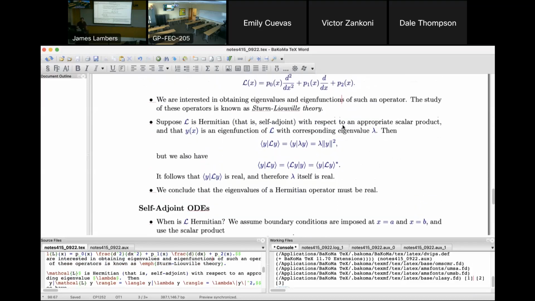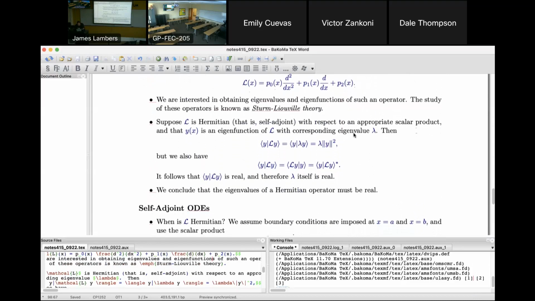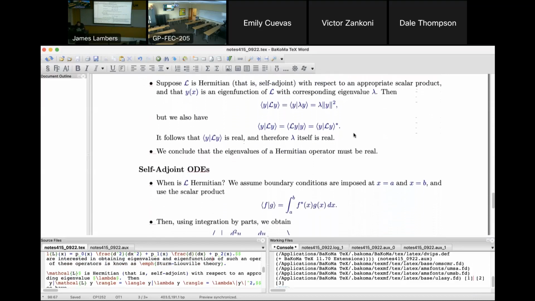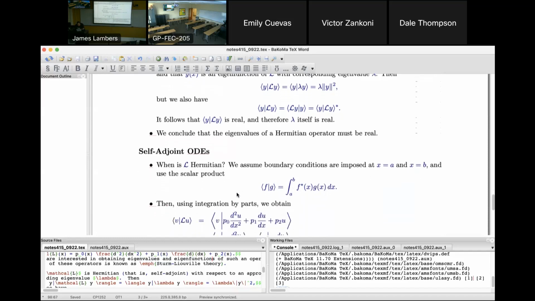Now, given an operator such as this, how do we know if it's Hermitian? We'd have to be able to tell just by looking, or by some form of simple check. So we're going to assume that we have boundary conditions imposed at two points, x equals a and x equals b, and this will be our scalar product, the standard scalar product on the interval a to b.